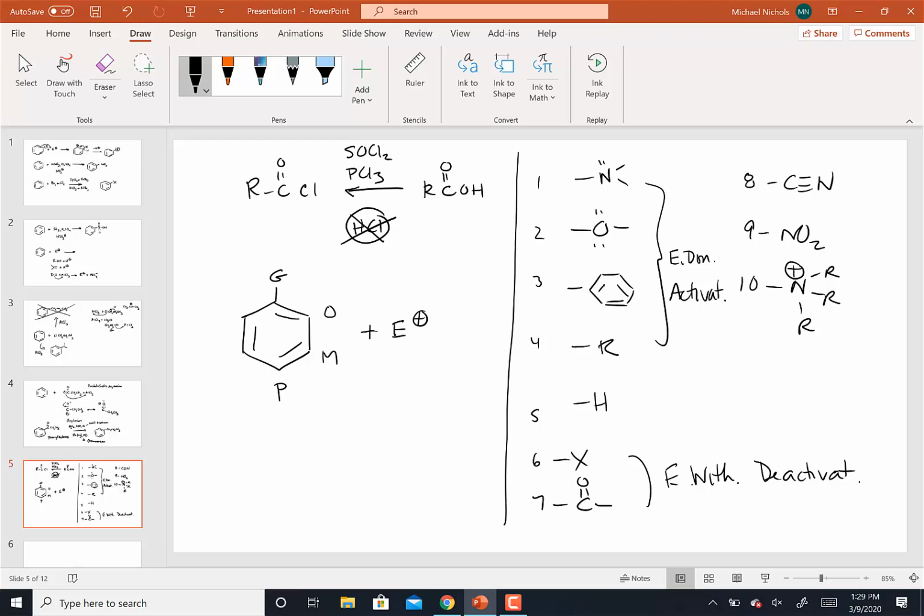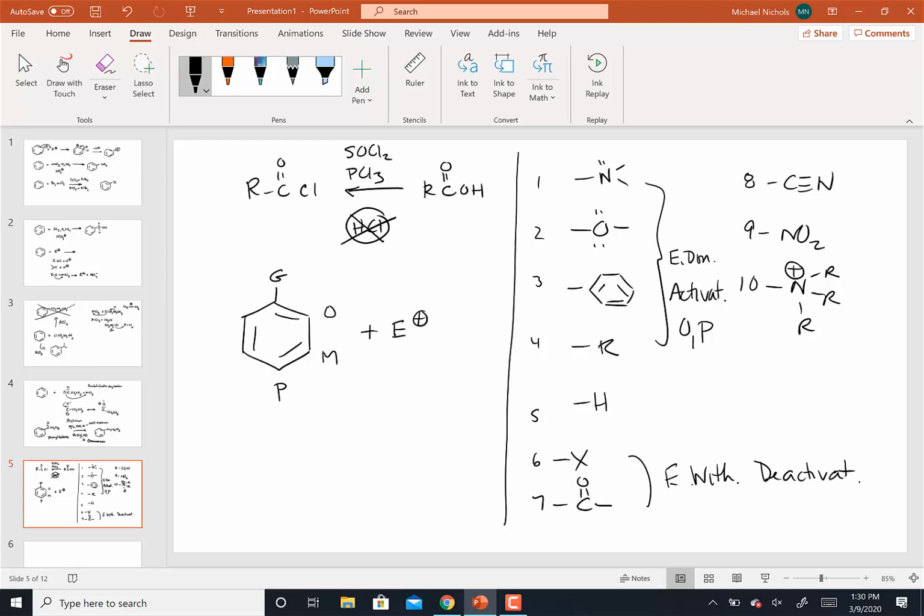But that's not where I started, right? I started with the issue of where the group is going to go: ortho, meta, or para? Well, it turns out that with all of the activating groups, the electrophile is going to add ortho and para to the group that's on the ring.